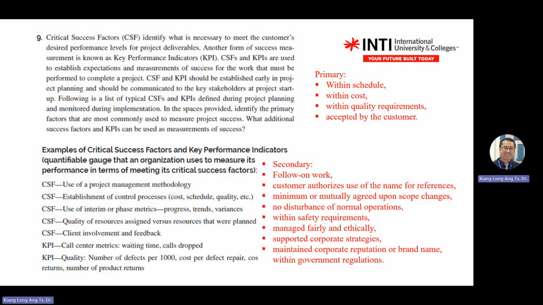These are primary, focused on external. Secondary is on the internal process, your control process. You only need to memorize 3 or 4 from here. These are the tools that you use: follow up, mutual agreement, safety requirement, ethical, corporate strategies, and so on. These are internal control processes.